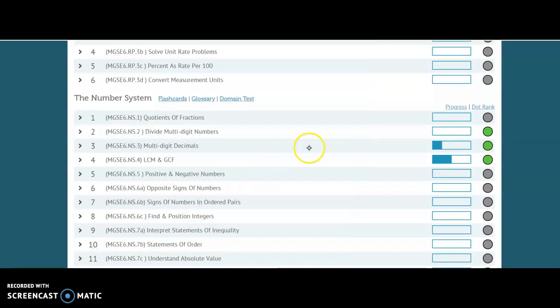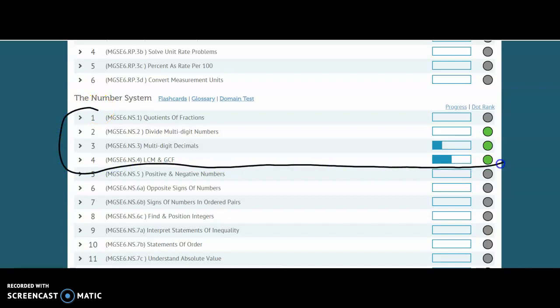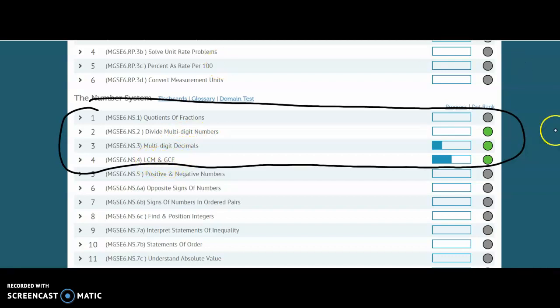So what we're going to do is this. I'm looking for 4 green dots, numbers 1, 2, 3, and 4. All right? Quotients of fractions, dividing multi-digit numbers, multi-digit decimals. That means your add, subtract, multiply, divide decimals, GCF, and LCM. Now, notice that we have 3 green dots.